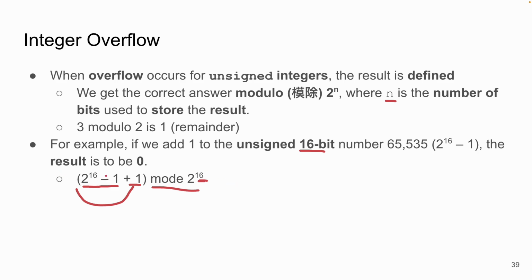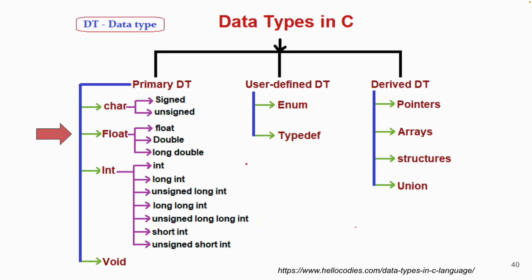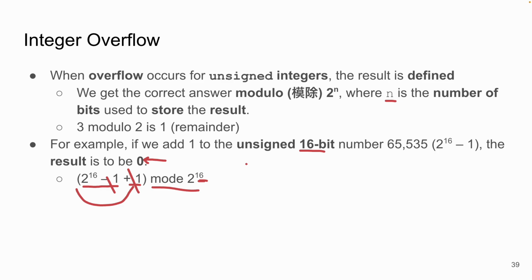And because the maximum plus 1 is 2 to the power of 16, what we calculate is 2 to the power of 16 mod 2 to the power of 16, so the result is 0. This is how you can know the outcome if integer overflow happens to your unsigned integer.